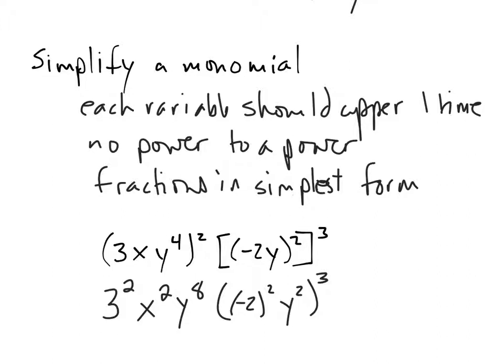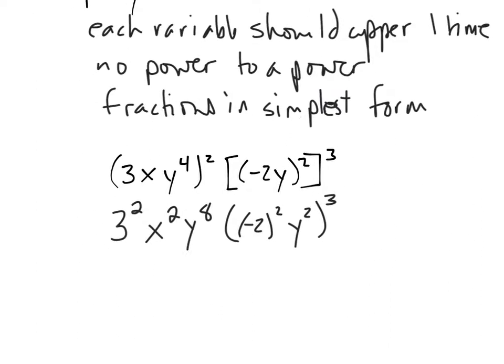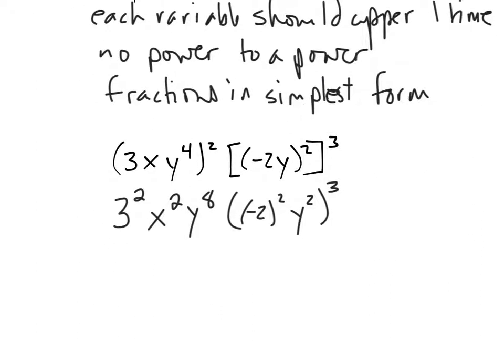All right, so now my next step is to start simplifying some of the numbers. 3 squared is 9, so now we have 9x squared, y to the 8th. Negative 2 squared is, what?